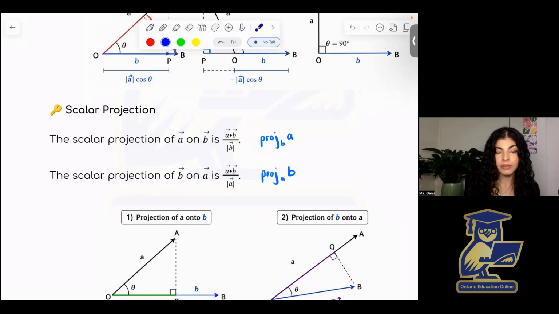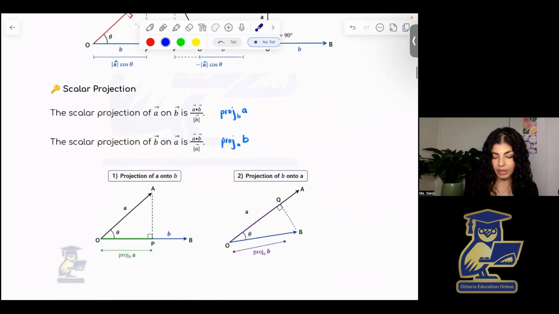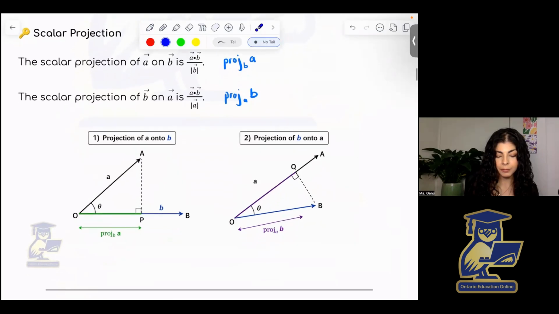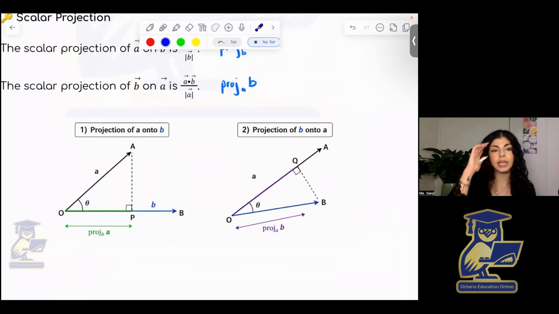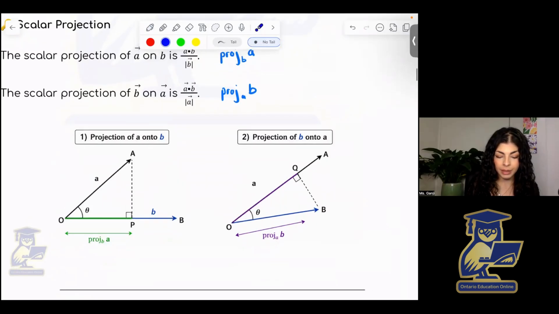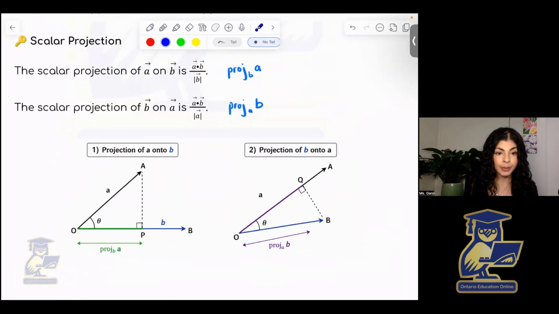Now we're dividing by the magnitude of A. This can also be written as the projection of B onto A. And this is what that would look like visually as a difference. You can see these two quantities are different if we're projecting A onto B versus projecting B onto A, and this is the notation I was just mentioning.